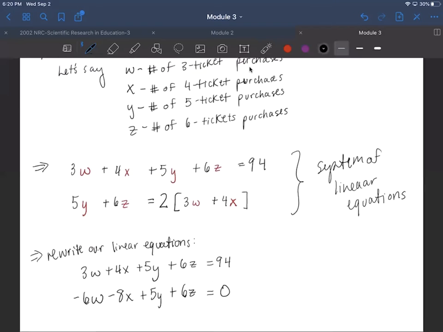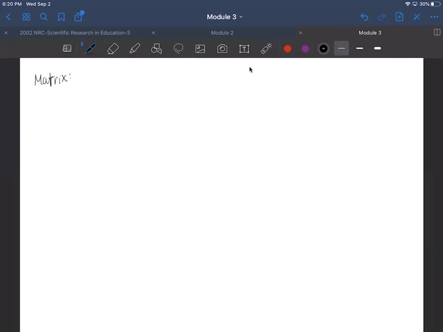Now let's go ahead and write this as a matrix. 3, 4, 5, 6, and it's a total of 94. Negative 6, negative 8, 5, 6, and we'll have 0. And remember, using your graphing calculator, let's do the row echelon form.